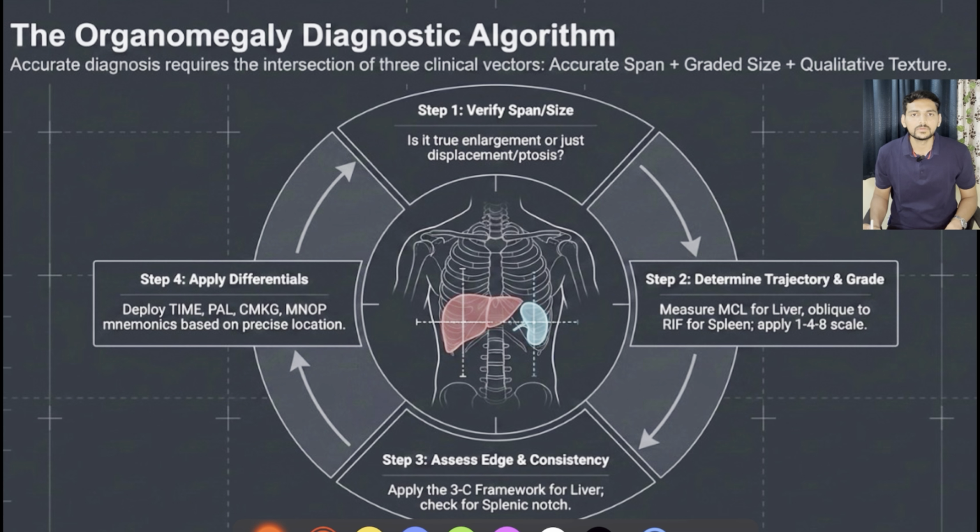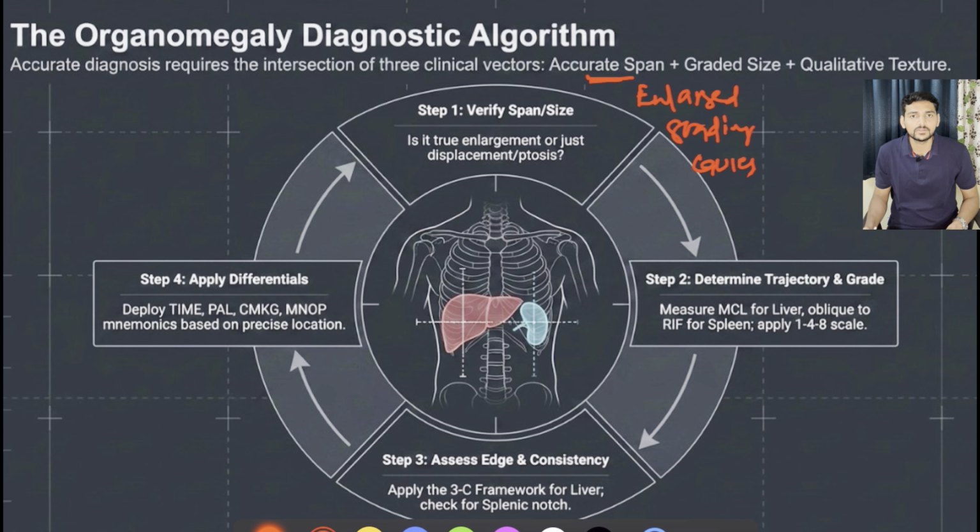So when you are examining for organomegaly, always try to measure the span of that particular organ, then only consider it as enlarged or not. So once you find it as enlarged, try to grade it. Grading is important. And also feel for the other features like the surface or margin, which will give numerous clues regarding causes for organomegaly.